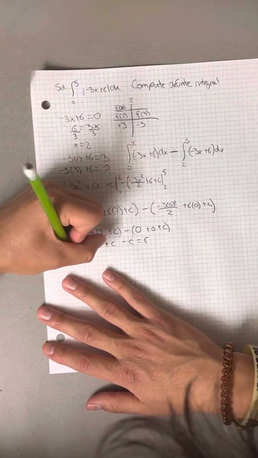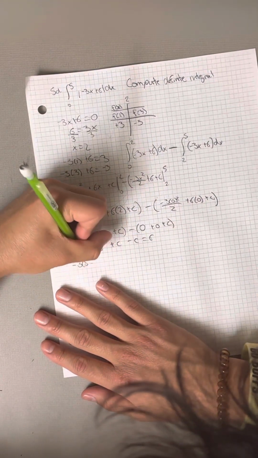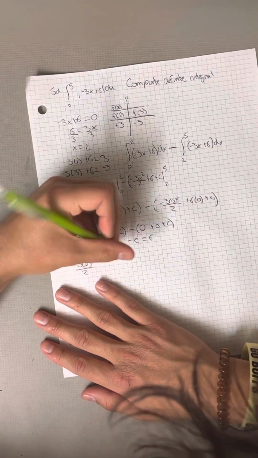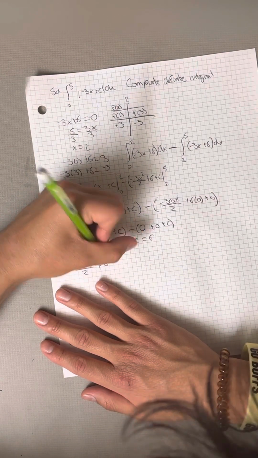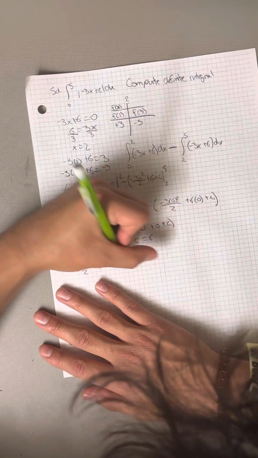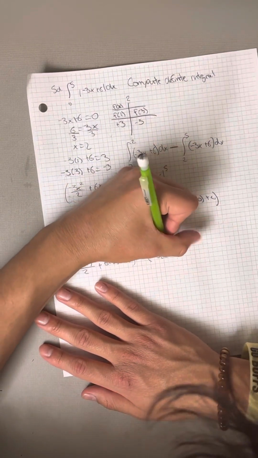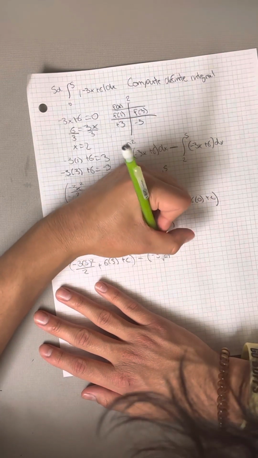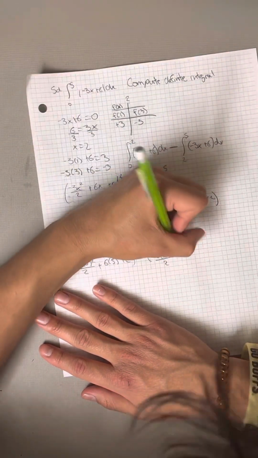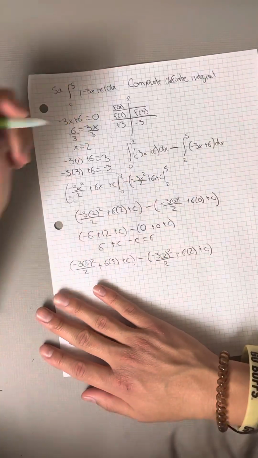Negative 3 times 5 squared over 2 plus 6 times 5 plus c, minus negative 3 times 2 squared over 2 plus 6 times 2 plus c.